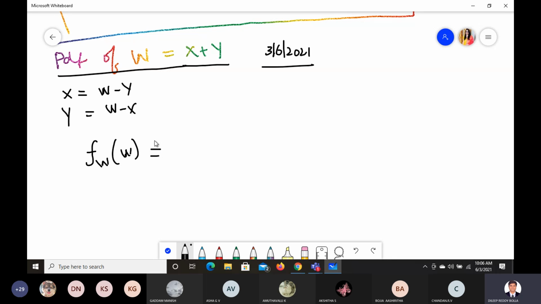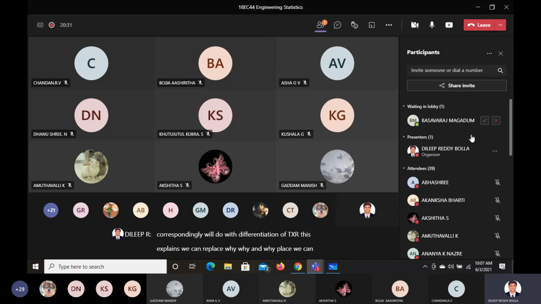This will be the integral from minus infinity to plus infinity of fX of x into fY of y, where y is actually w minus x, so fY of w minus x, with dx. Or in this place we can replace x by y and y by x. We can do it like that also.